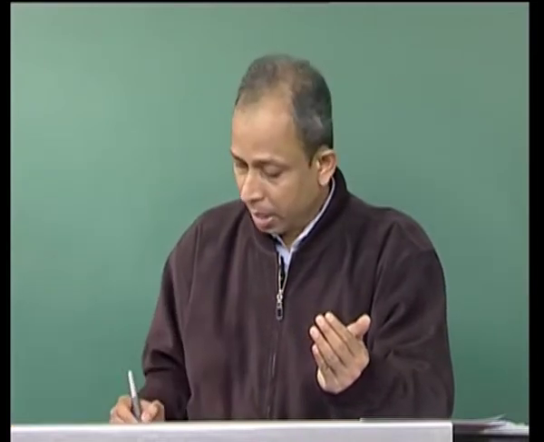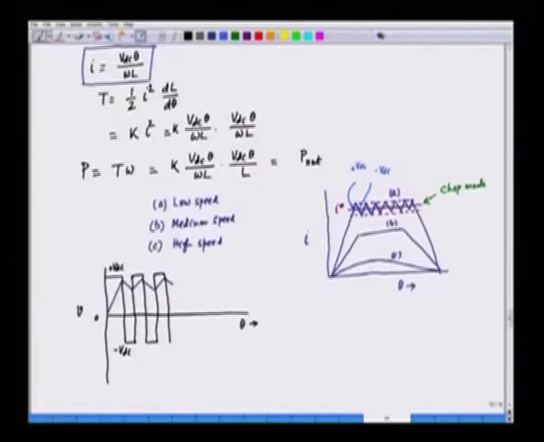Now, beyond base speed, what we do here is this, that the rate of rise is not very fast. So, the current does not rise quickly. So, what we do in this case, if we see this expression, the torque has to be maintained constant. So, we can keep the current constant up to the base speed.